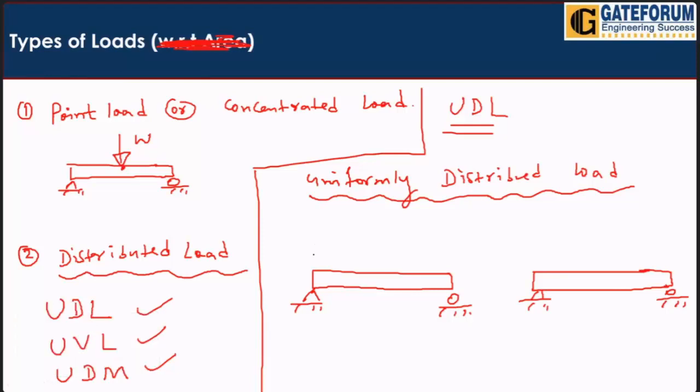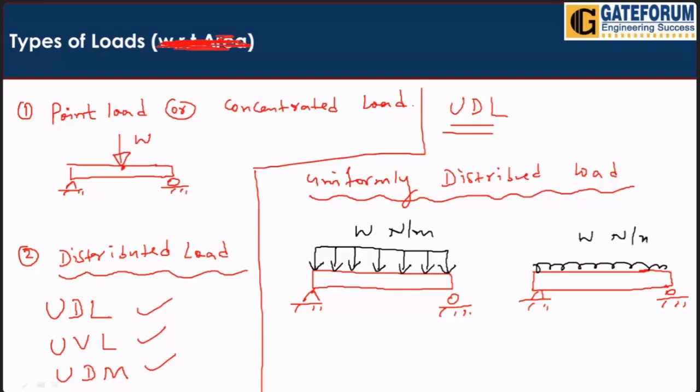As you can see here, either you can represent like this, writing W Newton per meter, or you can represent like this, W Newton per meter. Both are same. Different way of representation.